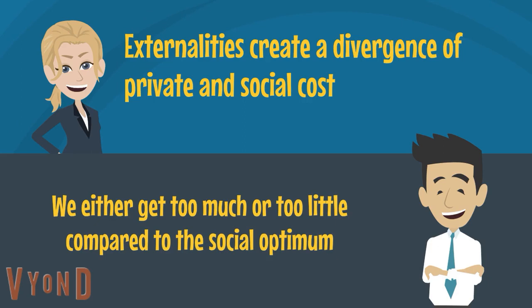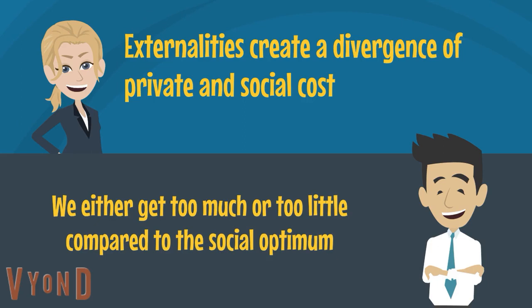We don't get enough parks because the people who benefit don't have to pay for the park. We get too much pollution because the people who benefit from the pollution, think of that beef packing plant, get to pollute all the environment around them. The buyer of the beef doesn't have to pay a cost for that. The company doesn't have to pay a cost for that.